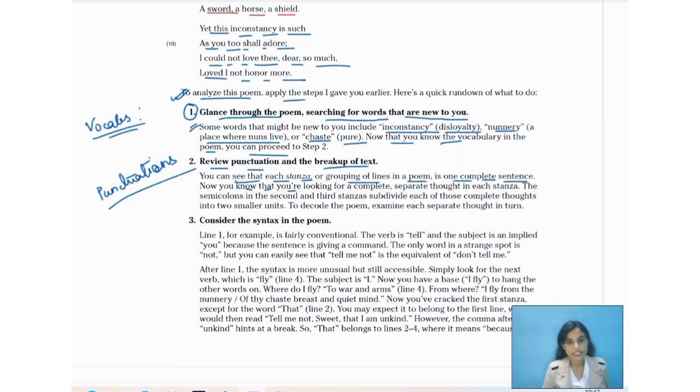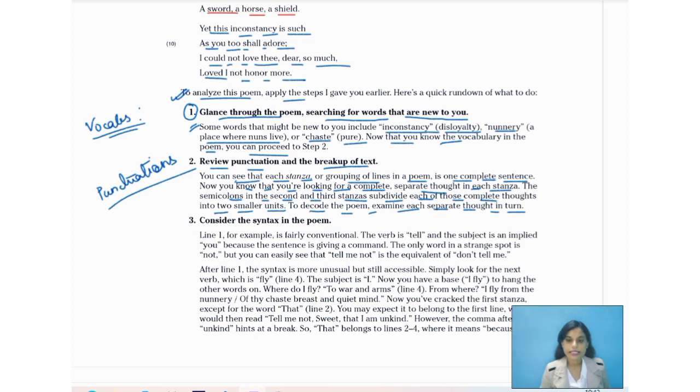Now you know that you are looking for a complete separate thought in each stanza. The semicolons in the second and the third stanza subdivide each of these complete thoughts into two smaller units. To decode the poem, examine each separate thought in turn. So a grouping of lines is one complete sentence.